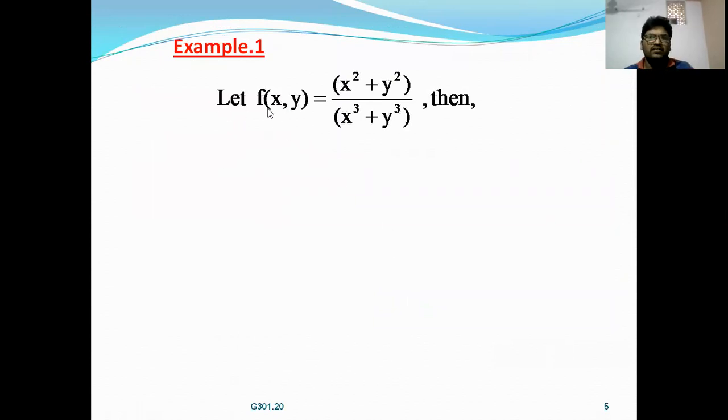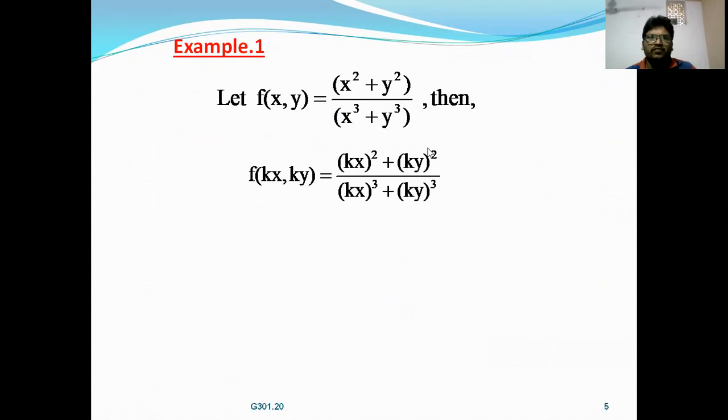Let us see here. f of x comma y is equal to x square plus y square by x cube plus y cube. Then f of kx comma ky is equal to kx whole square plus ky whole square by kx whole cube plus ky whole cube. From the numerator, we take common k square, and from the denominator we take common k cube.